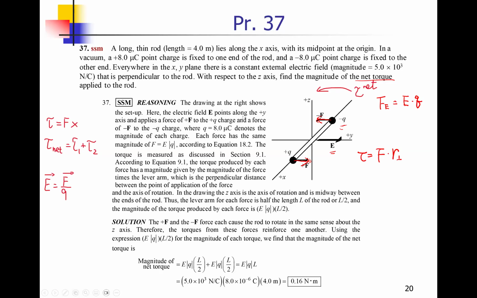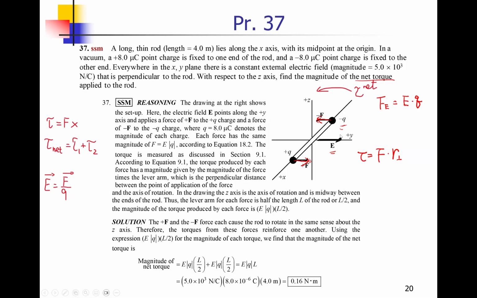And the electric field applies a force. So this is positive F to the positive charge and negative F to the negative charge. Each force has the same magnitude, F equals EQ. So what you are going to do here is calculate the torque.